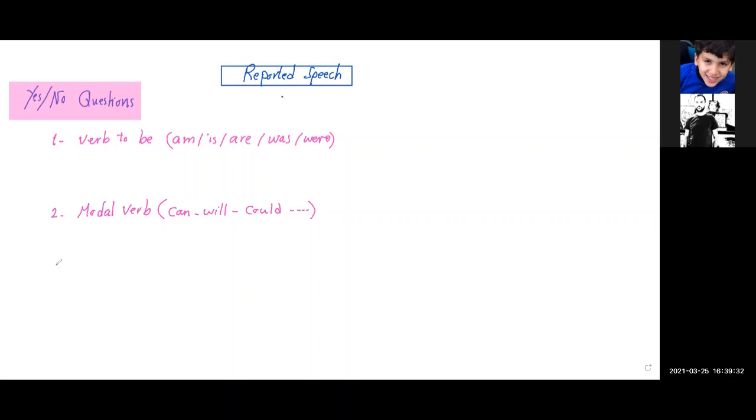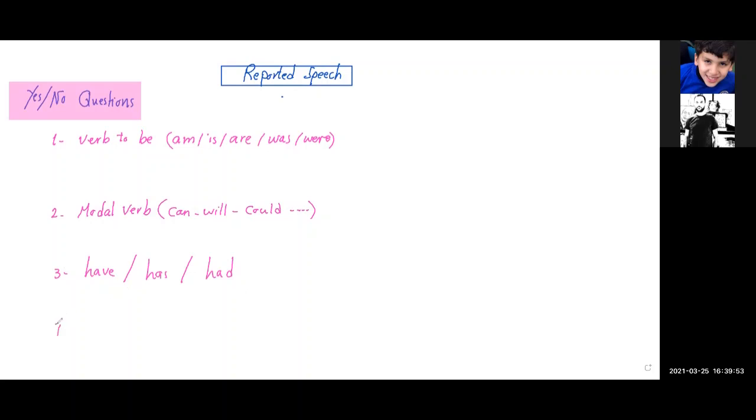Number three, a question beginning with have, has, had, and this is of course in the present perfect and in the past perfect.